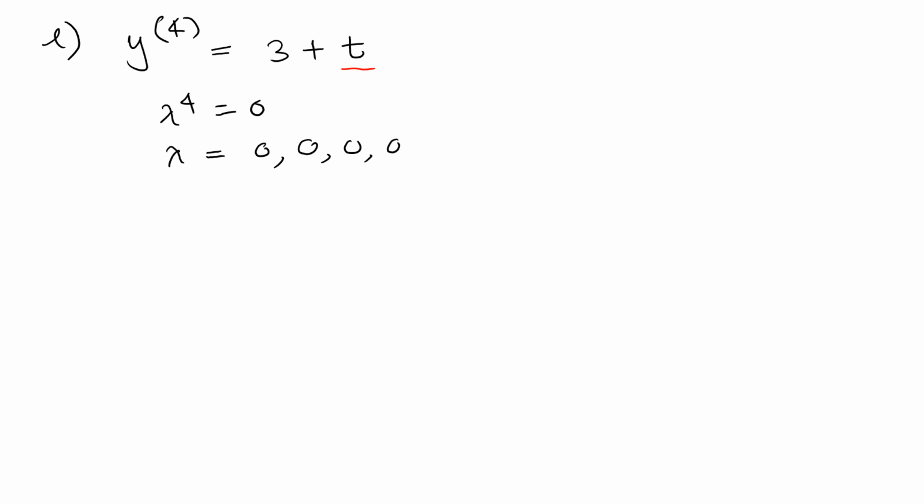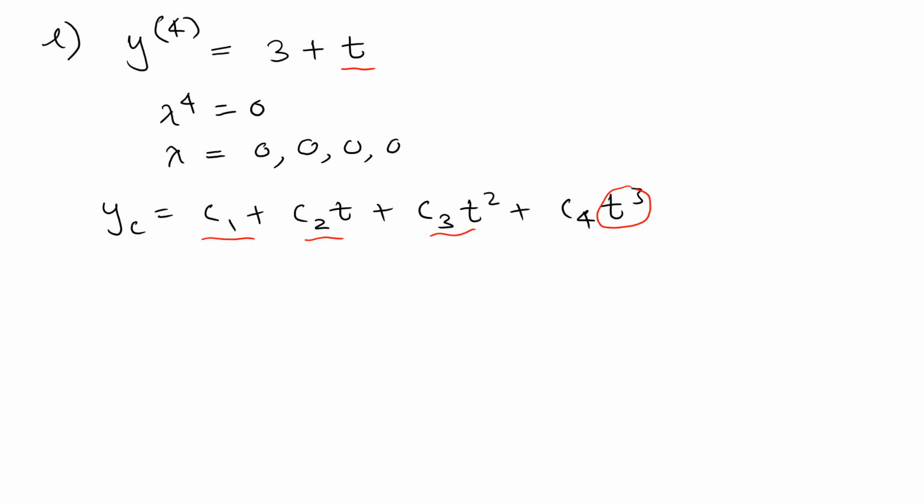So that means your yc now takes the form with 4 terms, because of the 4 zeros. Then we write the polynomial and see we have a t cubed term, so we can have any of those terms in the yp. The correct yp should be, because of the linear term, a t plus b, and then we need to get linearly independent terms, so we need to multiply by t to the fourth power to get the next term.